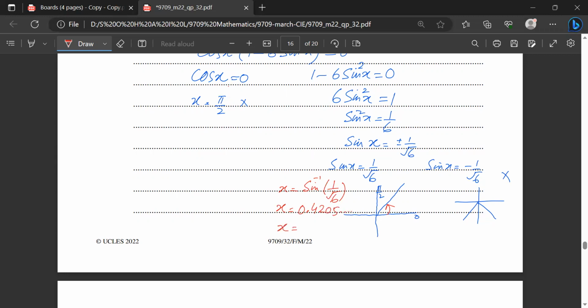So x is equal to 0.421, correct to 3 significant figures. I rejected the other parts, so the only answer is 0.421.